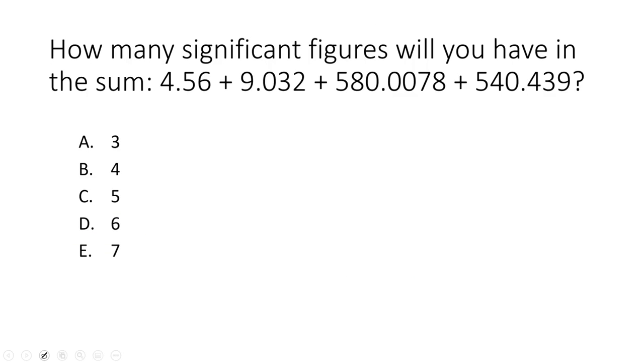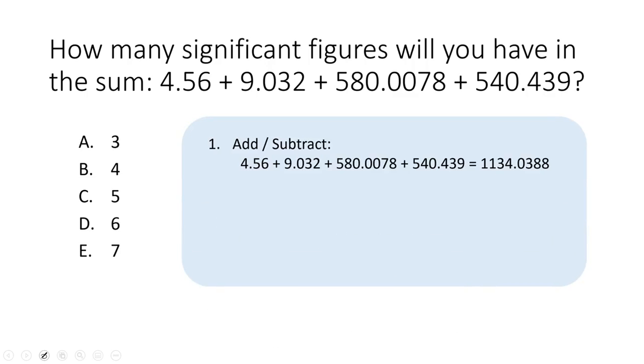One more. How many significant figures will you have in the sum that's written out here? Okay, let's take a look. So actually, I'm going to add and subtract this sum out first because really we're just adding here.